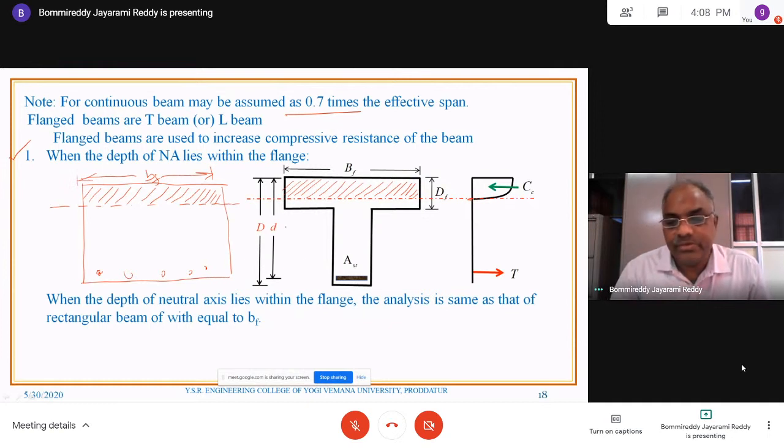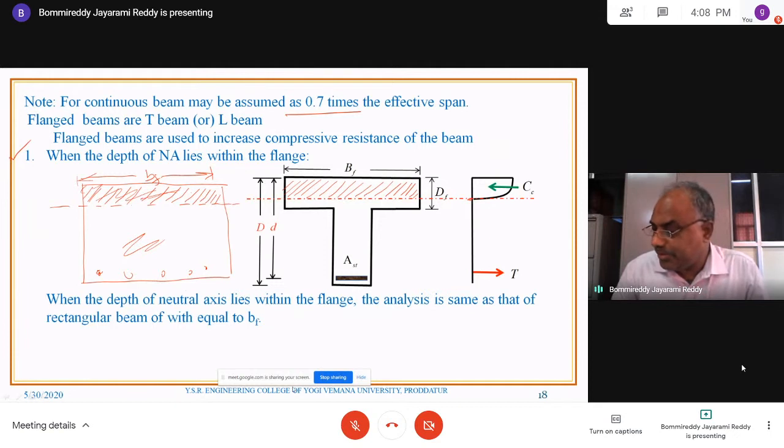That's all. So what is the meaning of it? Below the neutral axis, the entire area is neglected. Whether it is a T-beam or rectangular beam, this entire area is not considered. We are considering only the area above, and it is B suffix F. So when the neutral axis lies within the flange, it will be just like a rectangular beam.